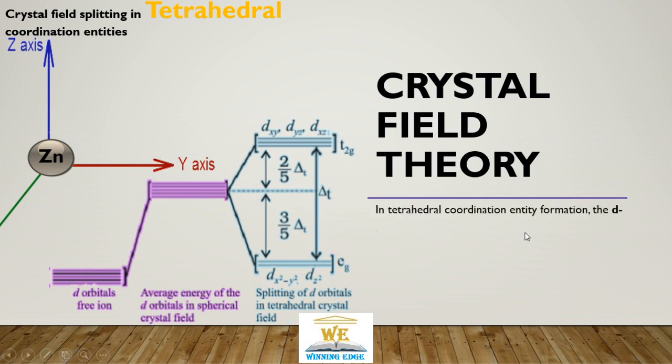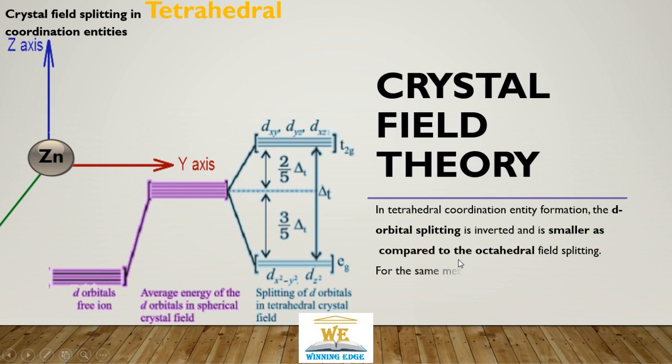In tetrahedral coordination, the d orbital splitting is inverted and smaller as compared to the octahedral field splitting, for the same metal, the same ligands and the same metal-ligand distances. So here is the relation.